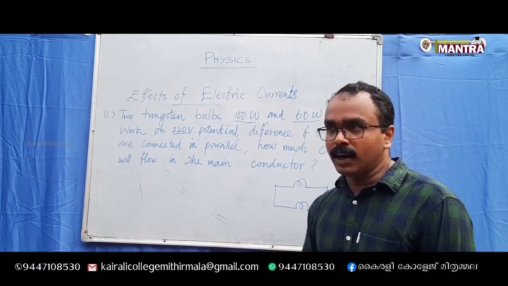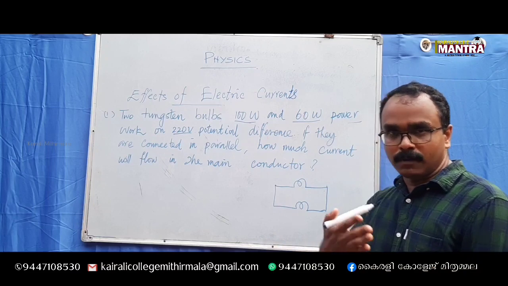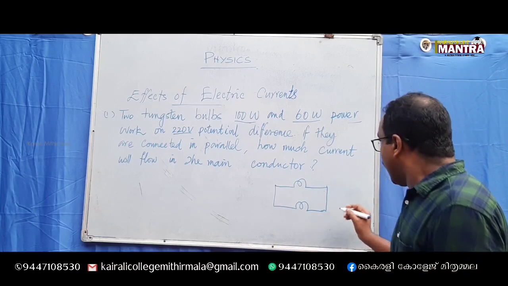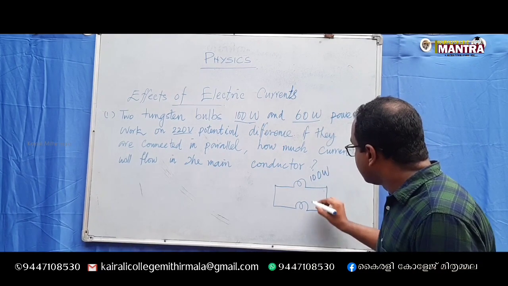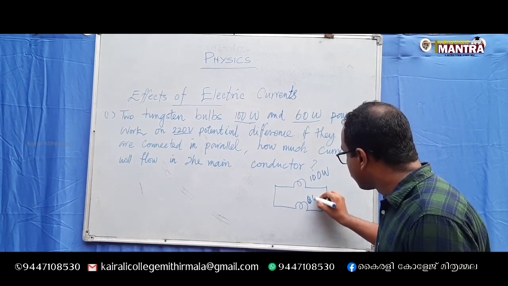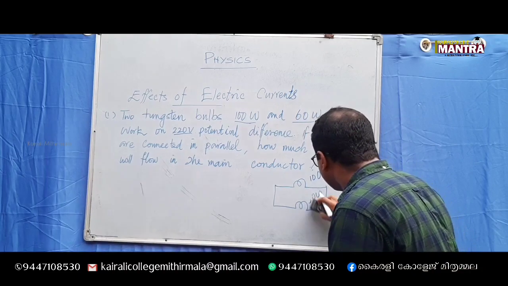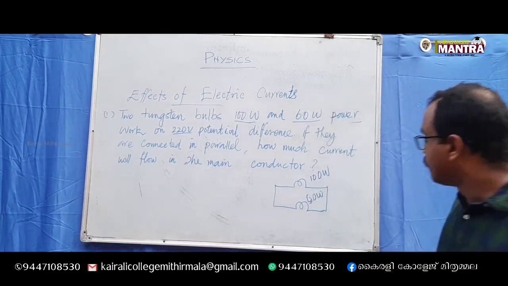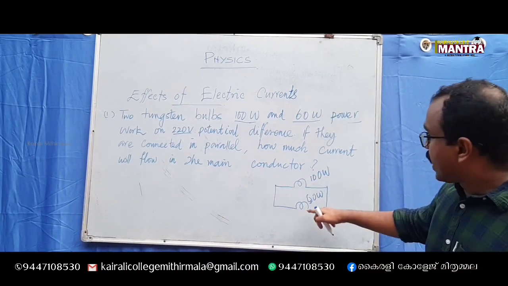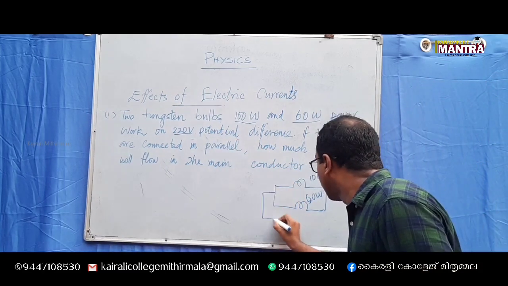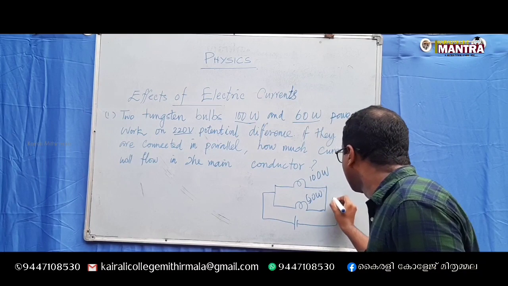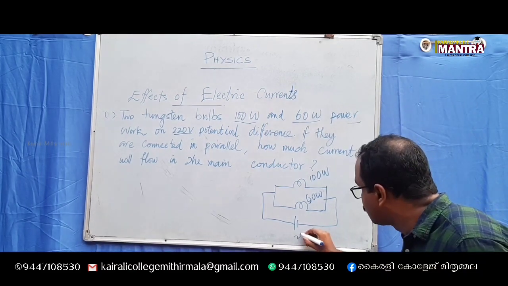I hope you remember the parallel connection we have discussed. The first bulb has 100 watt power and the second bulb has 60 watt power, and these bulbs are connected in parallel, and there is a voltage source whose value is 220 volt.